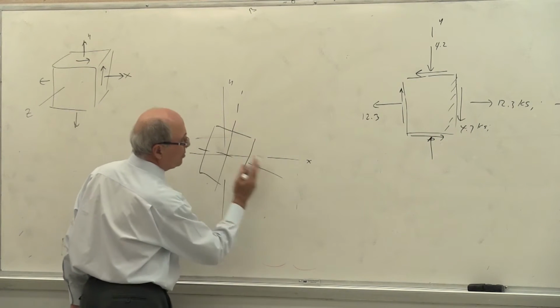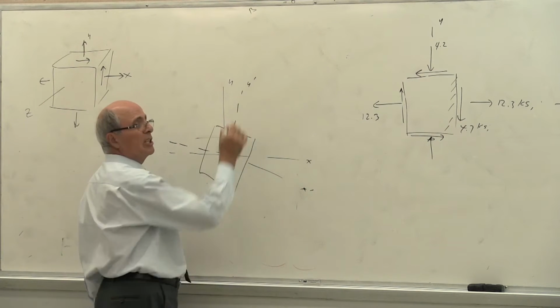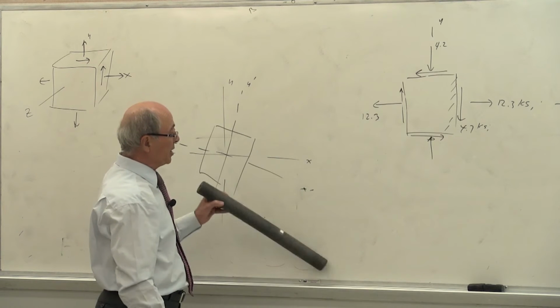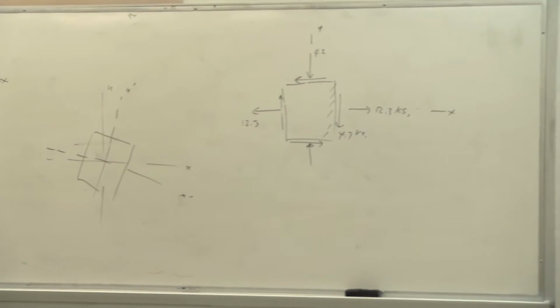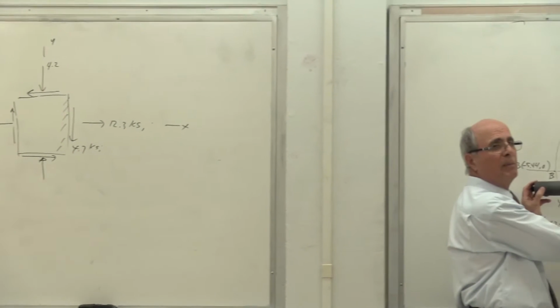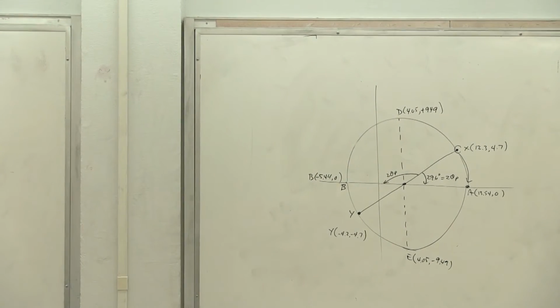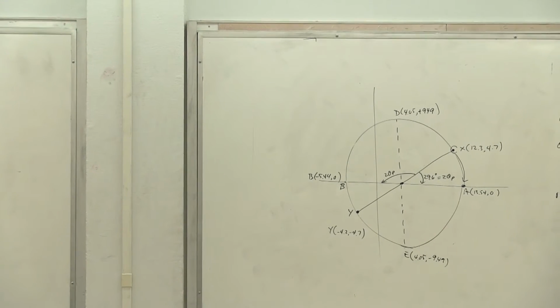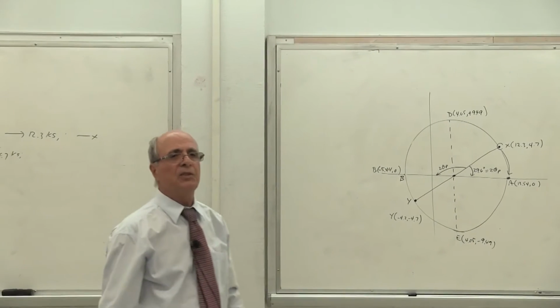Now, this side is perpendicular to this direction. Let's call it X prime. And this direction will be Y prime. But this time it's not X prime, Y prime. In that operation, X becomes what? X becomes A, Y becomes B. So this is the direction of principal stresses. Let's call this one principal 1 and principal 2, because one is A, the other one is B.